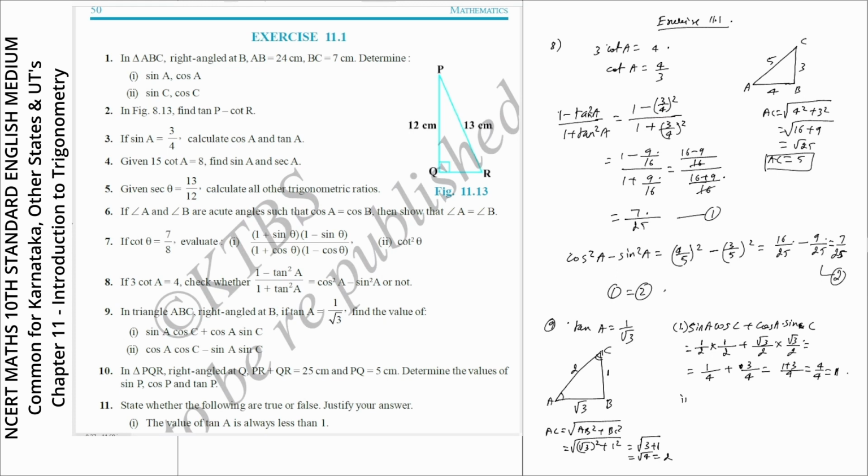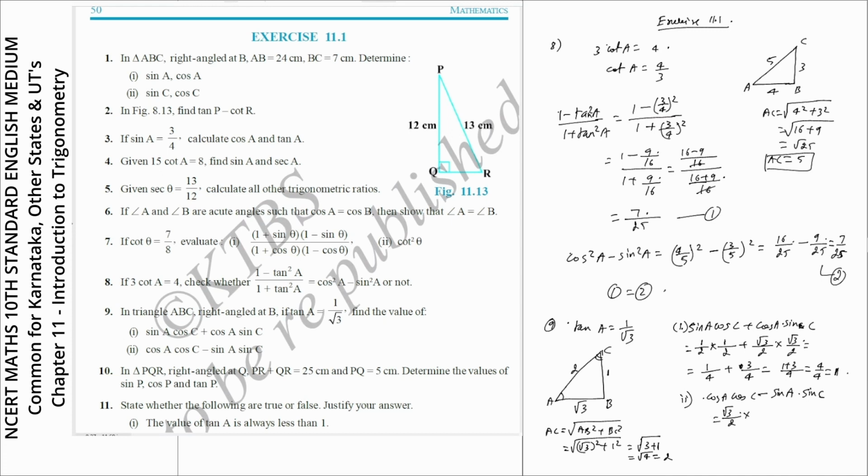Now second one, what is the second thing I should evaluate? Cos A into cos C minus sin A into sin C. So cos A with respect to angle A is root 3 by 2, that is adjacent by hypotenuse.